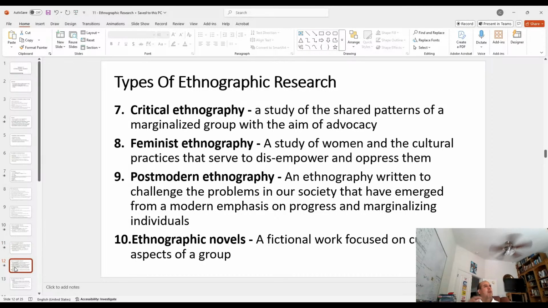You've got critical ethnography. This is a study of the shared patterns of a marginalized group with the aims of advocacy. So if you were going to study farm workers and talk about the unfairness and the injustice that they're going through with these mass deportations of farm worker communities, you're not trying to be a passive observer.